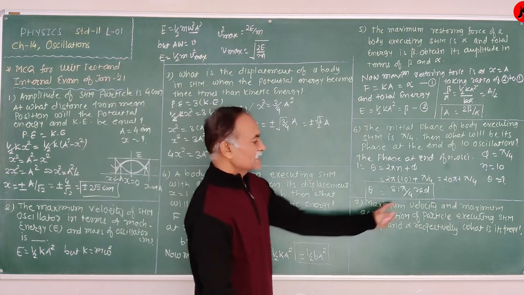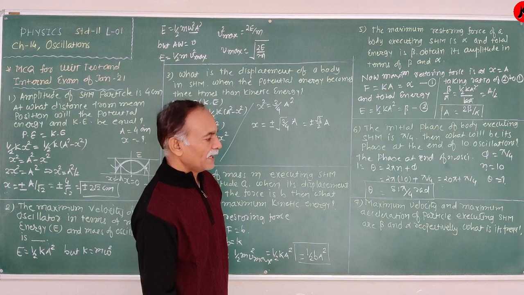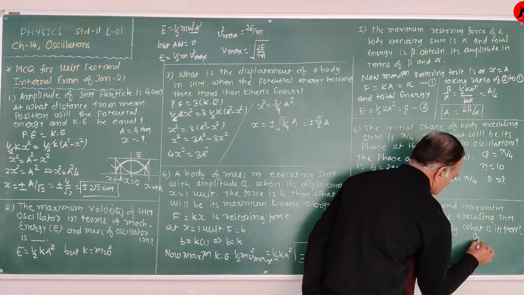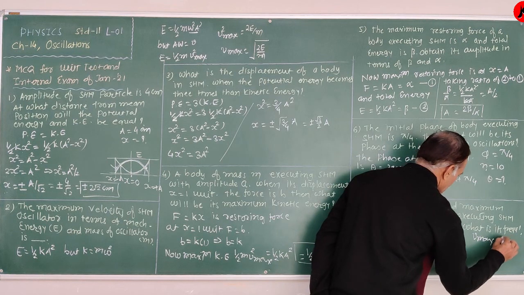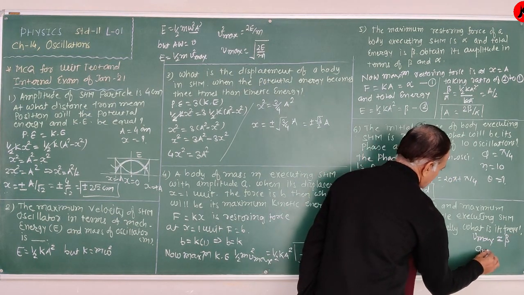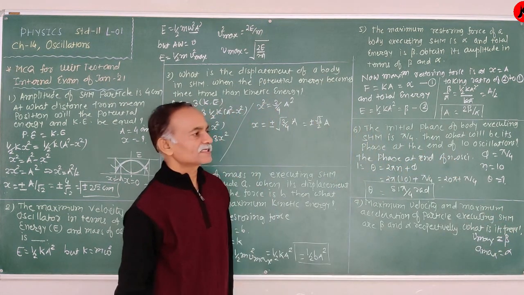Now next, maximum velocity and maximum acceleration of a particle executing simple harmonic motion are beta and alpha respectively. Maximum velocity V max is given as beta and A max is given as alpha. What is its frequency?